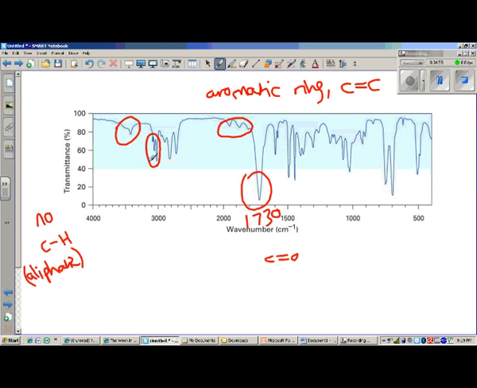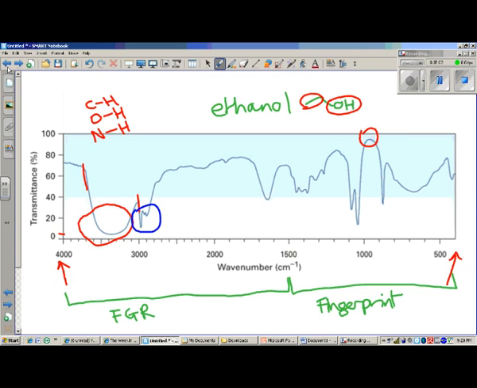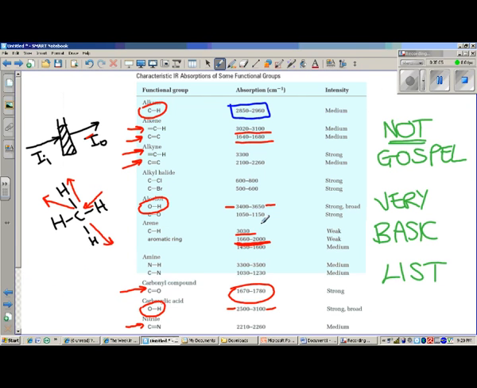And those peaks just above 3000, probably either these alkene CHs or aromatic CHs. Okay.